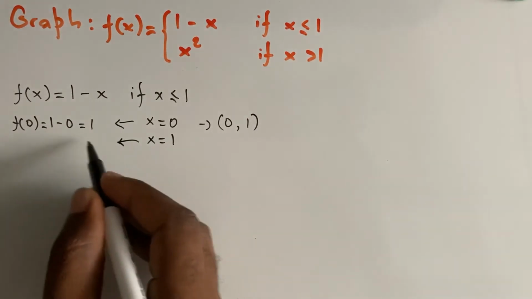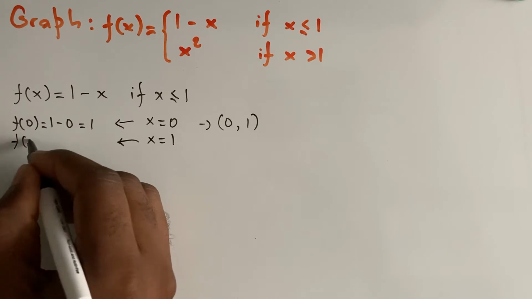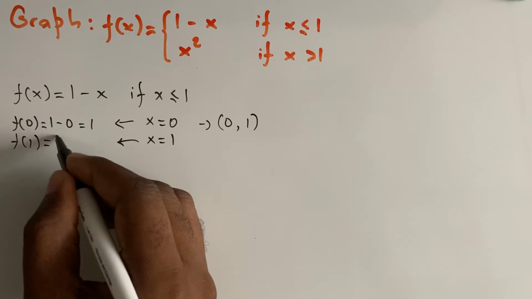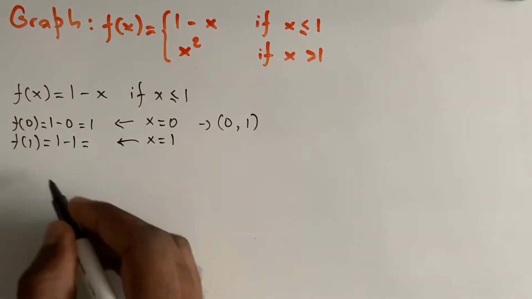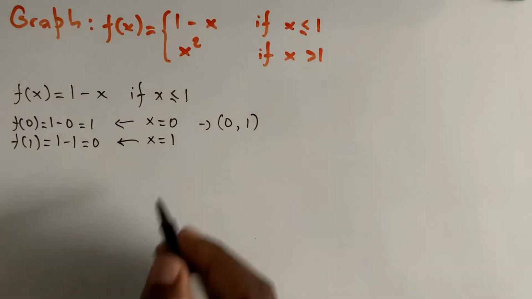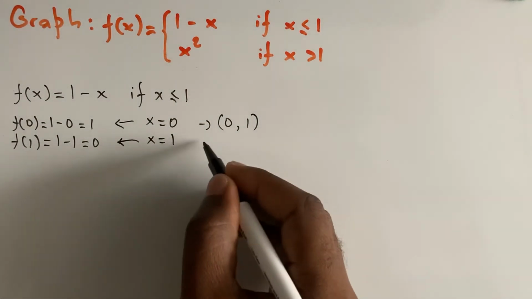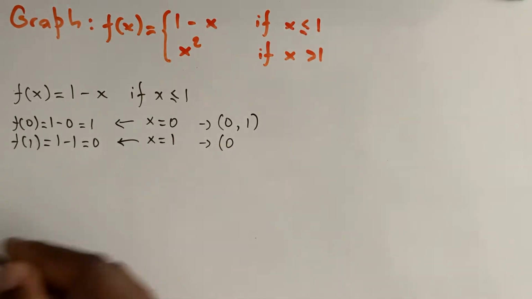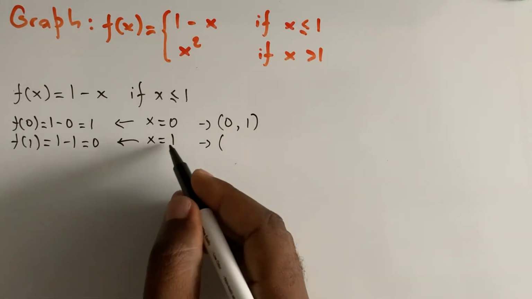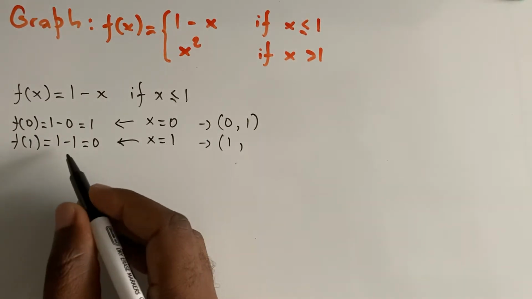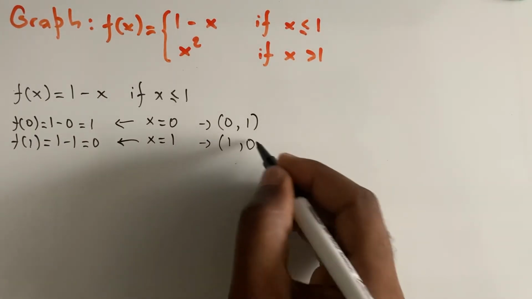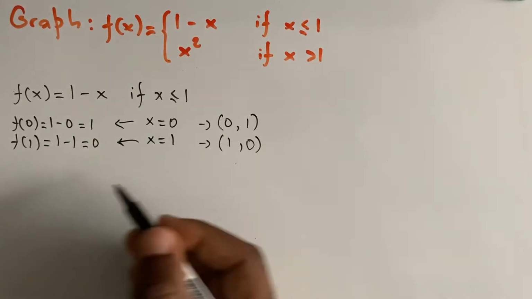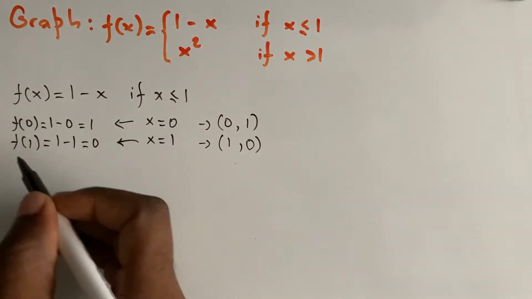So when x is equal to 1, you have to find f of 1. Okay, and in this case, f of 1 would be 1 minus 1, which is 0, right? So now 1 minus 1 is 0, and the ordered pair here would be the value of x, which is 1, and the value of y, which is 0, what you just found.